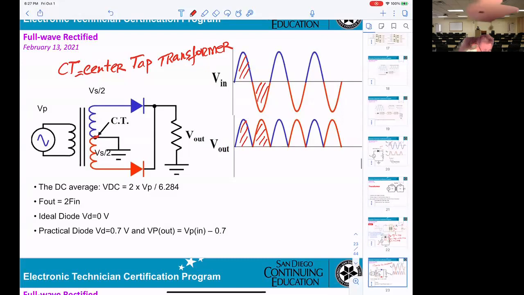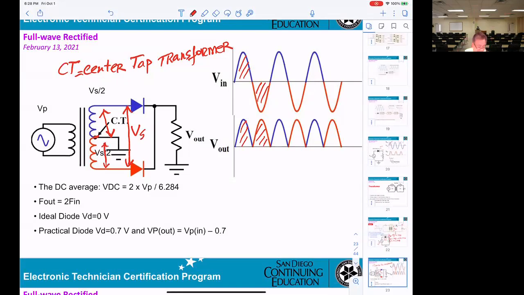They divide that voltage, one from here to here, the secondary. However, they divide from here to here and from here to here.